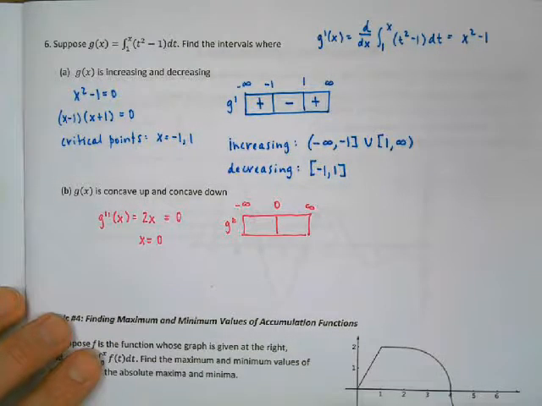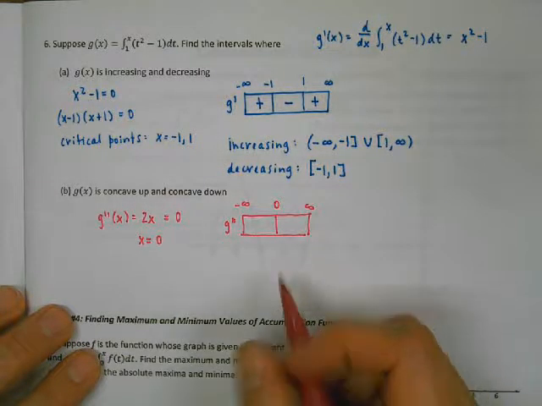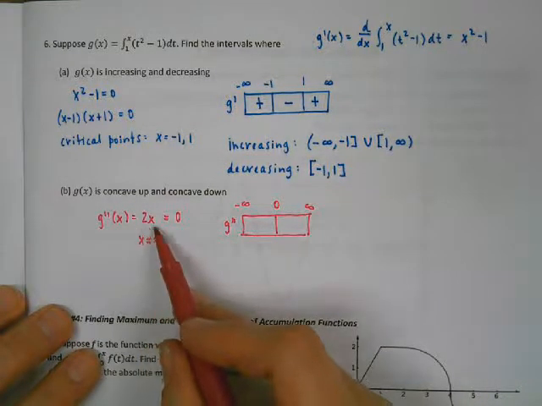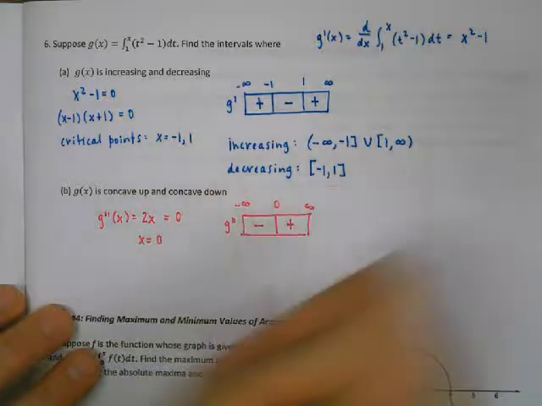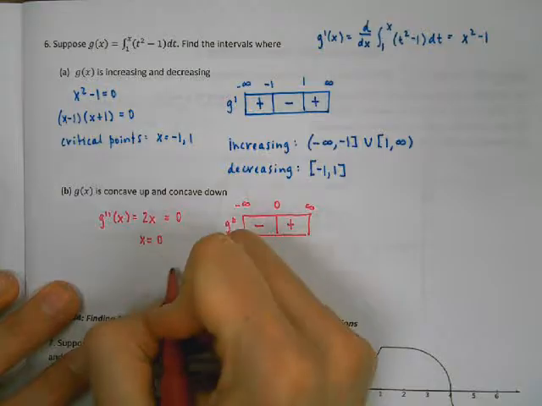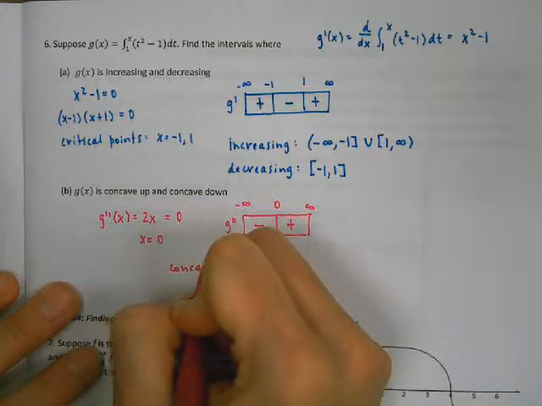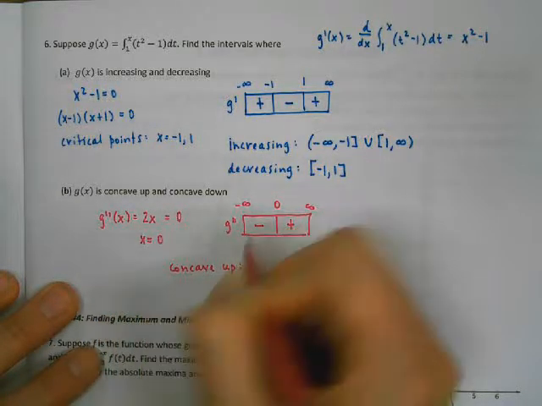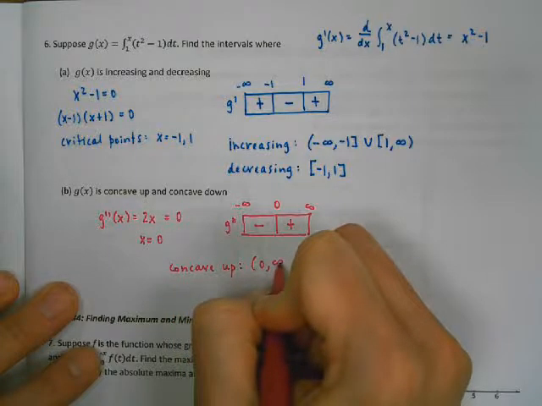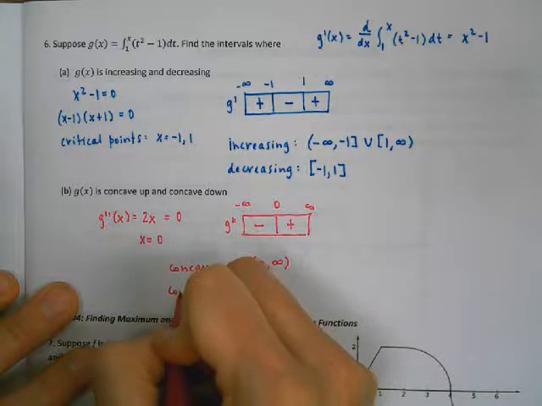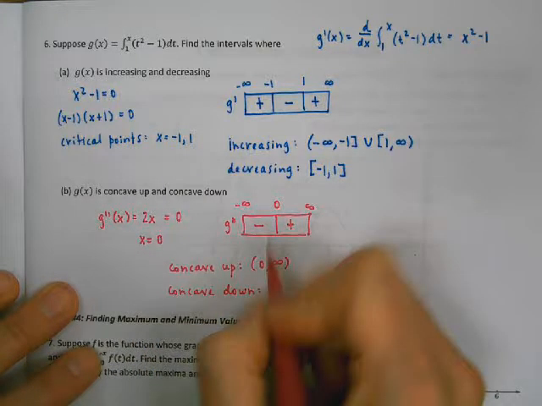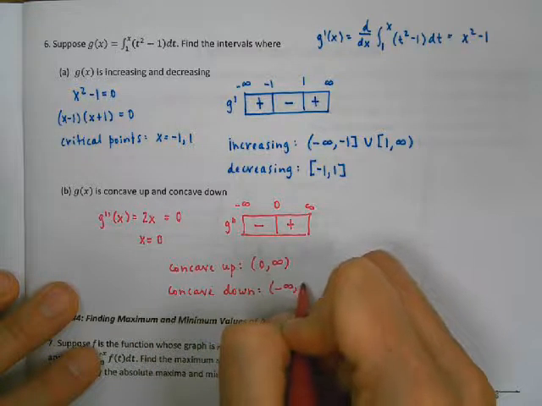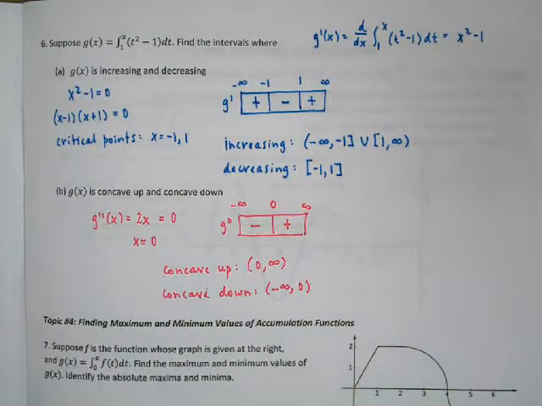And again, I'm going to test points to determine the sign. If I plug in a negative 2, I get a negative value. Plug in a positive 2, I get a positive value. So now I know I am concave up from 0 to infinity, and concave down from negative infinity to 0.